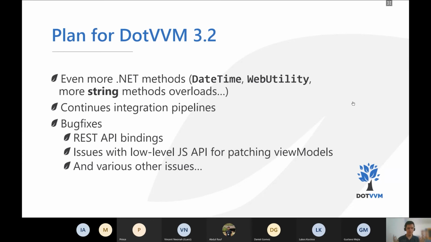So what's our plan for DotVVM 3.2? We will continue with our effort of adding even more .NET methods that can be quite helpful for developers. So for example, we have already added a bunch of those from datetime, so that you can use properties like year, month, day, hour, minute, and so on from the datetime.